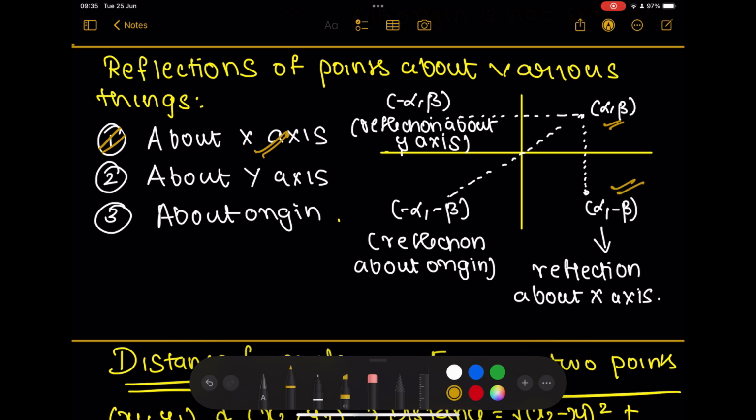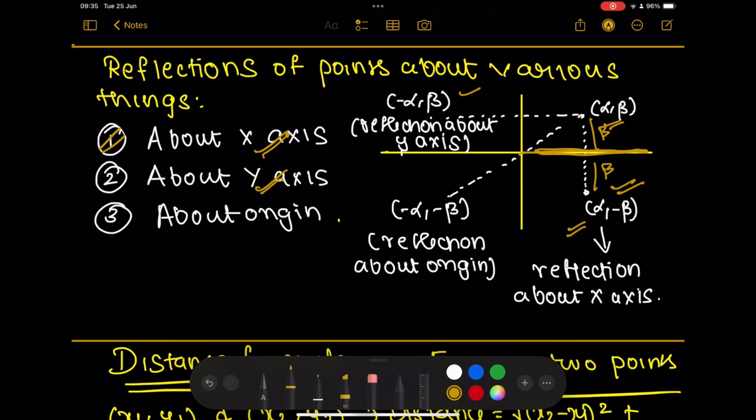I think it's very obvious why, because if you consider the x-axis to be a mirror, then the reflection of this point will be at an equal distance. It's a property of a plane mirror: whatever is the distance of the object from the mirror, the same will be the distance of the image from the mirror. So if this is beta, then this must also be beta, but in the opposite direction. Therefore, it will become alpha comma minus beta.